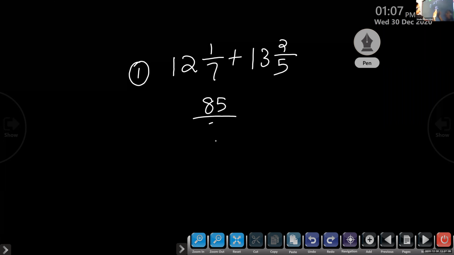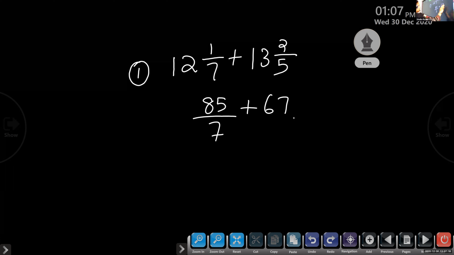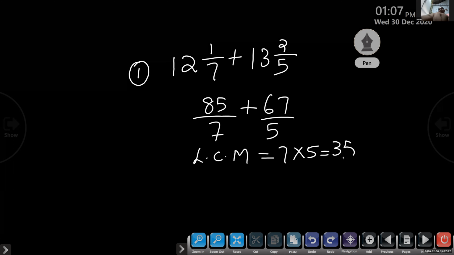Children, please check whether you got correct answer. Plus 67 by 5. So what is LCM? LCM is 7 into 5, 35. You have to add.